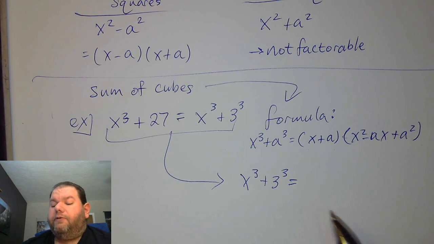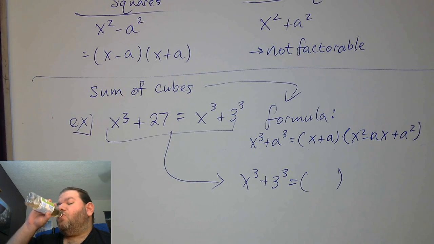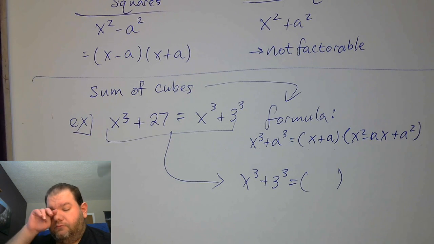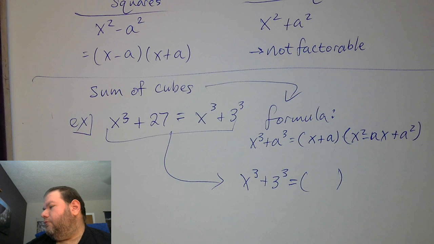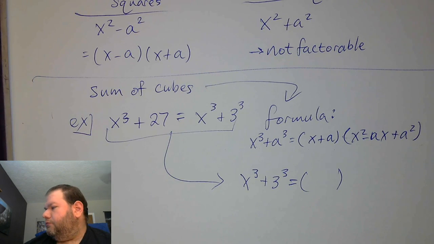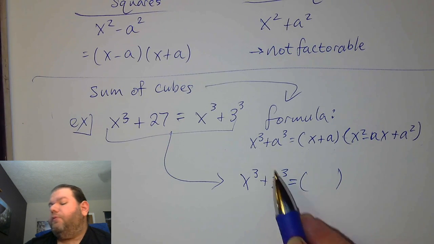So if we have x cubed plus 3 cubed, what's our binomial, first of all? Remember, our binomial is always the same terms that we started with, but without the cubes.